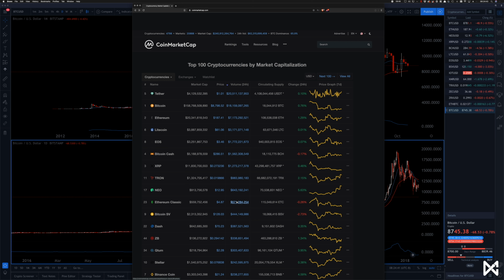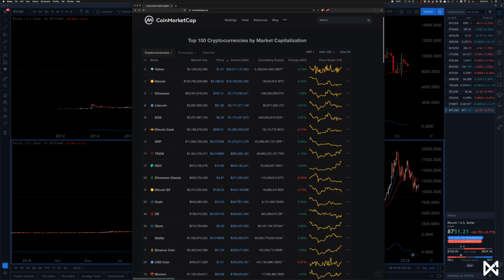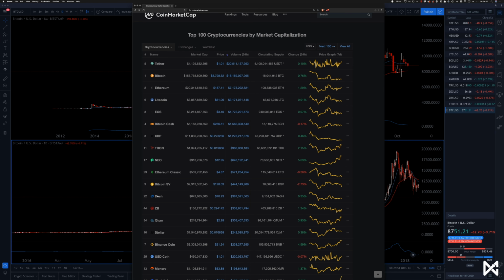These are pretty heavily traded on a daily basis. The volume within the last 24 hours has been pretty high, right? And some of these, Dash is 22, Ethereum Classic is 23 within the market cap size, right?